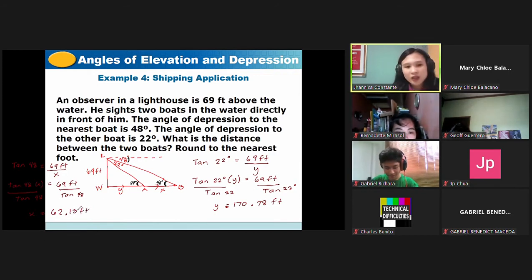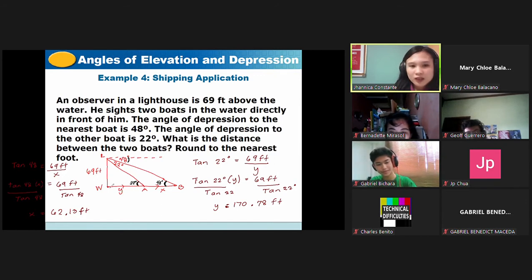So we are done solving for the distance between the two boats that the observer has seen from the lighthouse. To get the total distance from the lighthouse for both boats, we add 62.13 feet plus 170.78 feet.